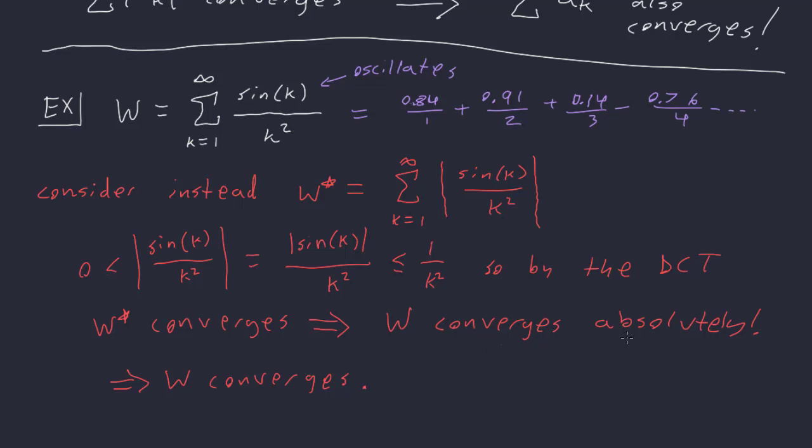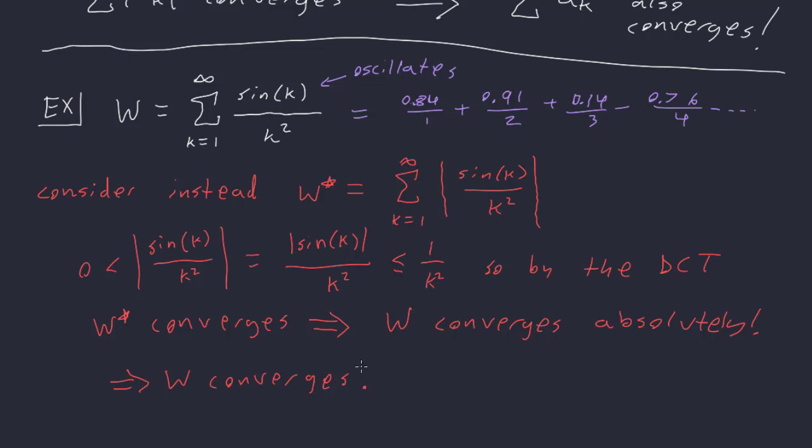Converging absolutely, well, it's in the word. If it converges absolutely, then it definitely converges. Sometimes it's actually easier to check the absolute value series and show that it converges. And if you can show that, then the original is also going to converge.